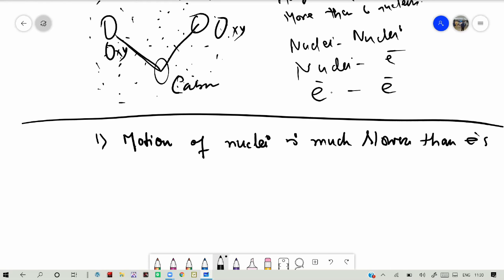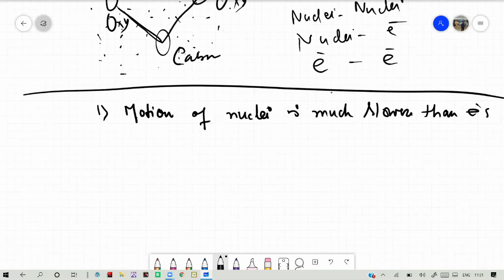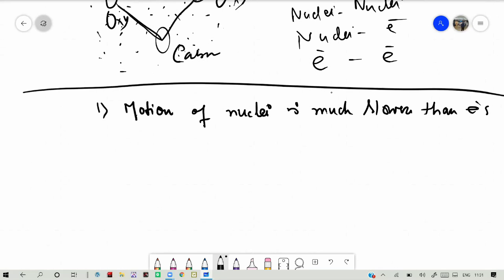So that means, because at any particular given temperature, all the atoms in a system are in a continuous state of motion. That means the nuclei are also in a state of motion, without giving them any external energy. At some particular instant of time they are in a continuous state of motion, and in that state the nuclei are much slower than electrons.